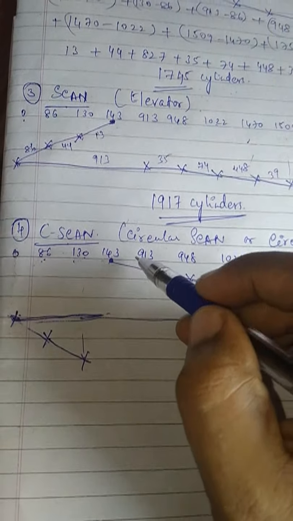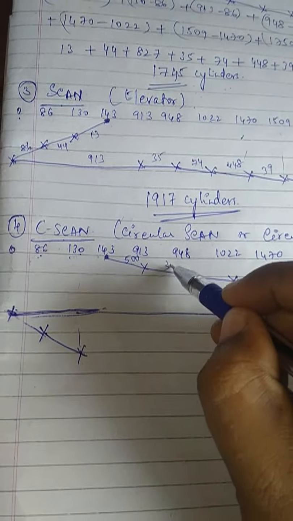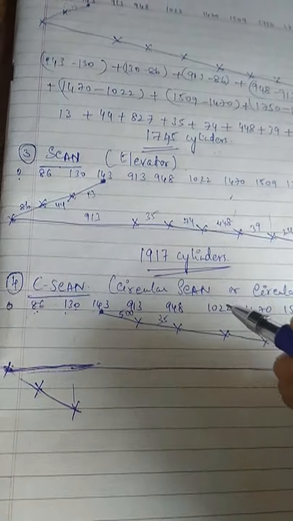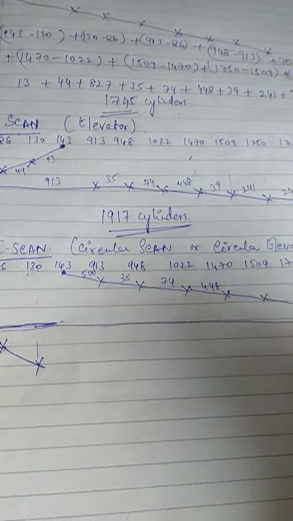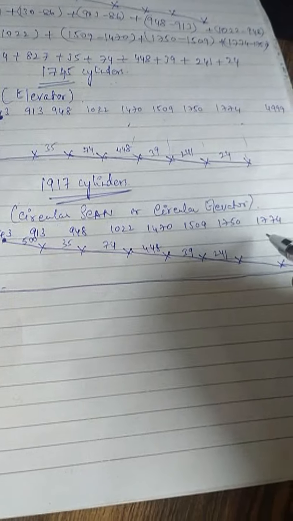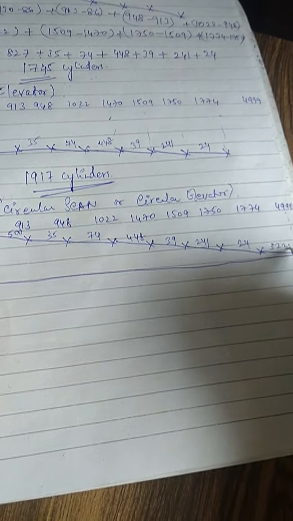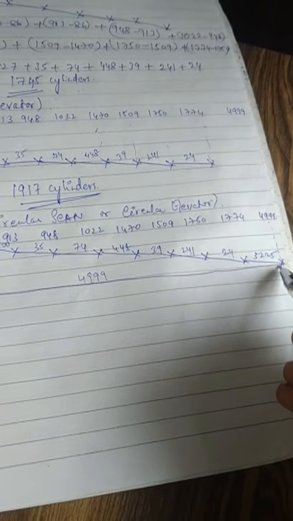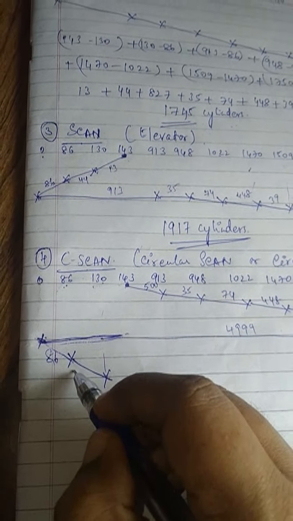Okay, so now find the total movement. I have already calculated this, so I'll write it here. You can do the calculation like this in the examination. So 74, here you get 448, and here you get 39, 241, 24, here you get 3225, here you get 4999, all the way from 4999 minus 0, then 86 and 44.